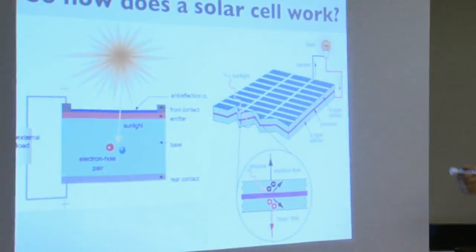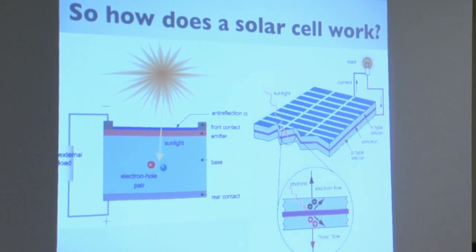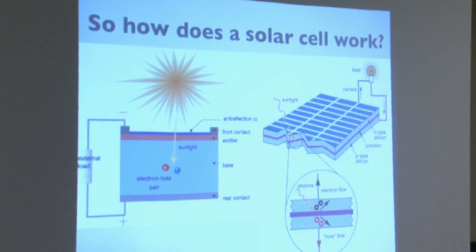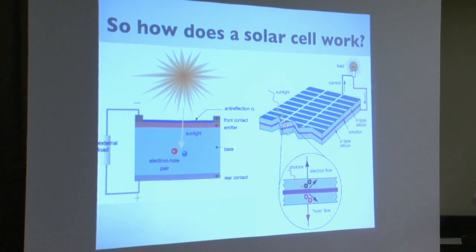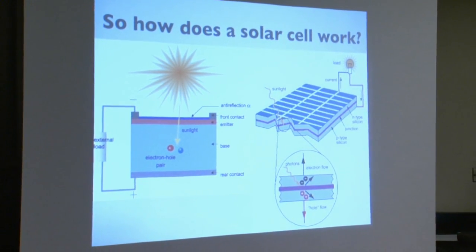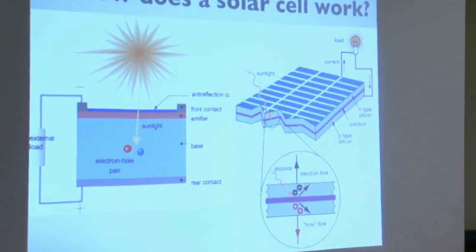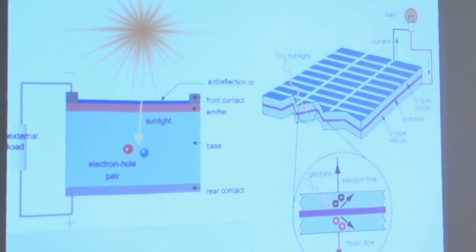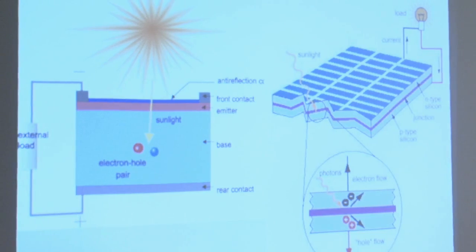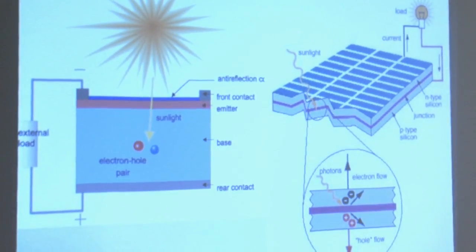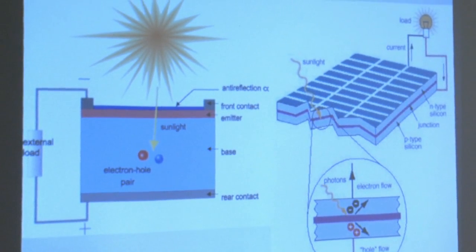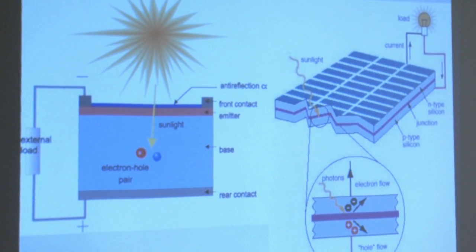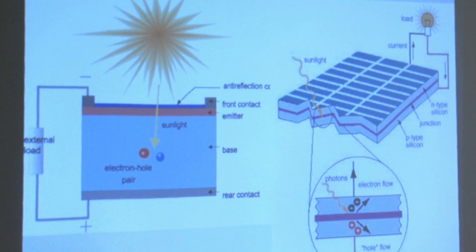But the thing is that you're using two different types of silicon, one N type and one P type, and N and P just stand for negative and positive. The other thing is you can dope silicon, which means you put impurities in it, and that creates a permanent electric field inside the silicon.